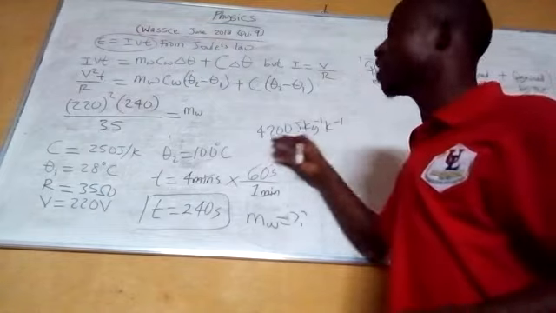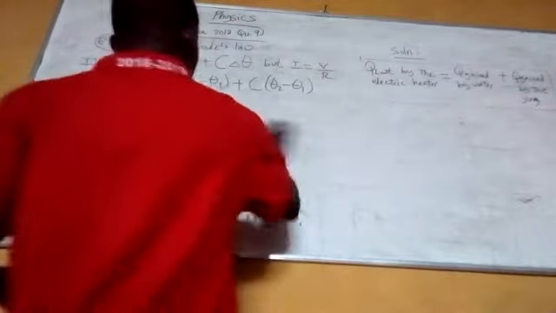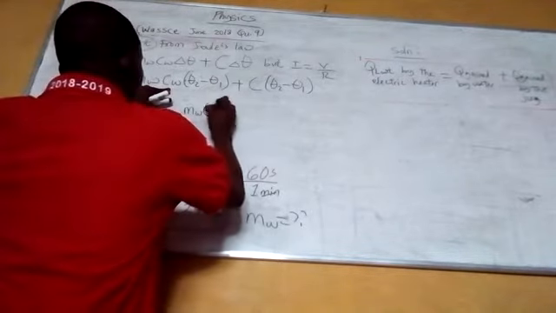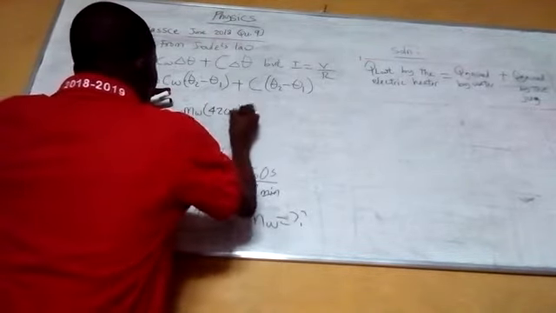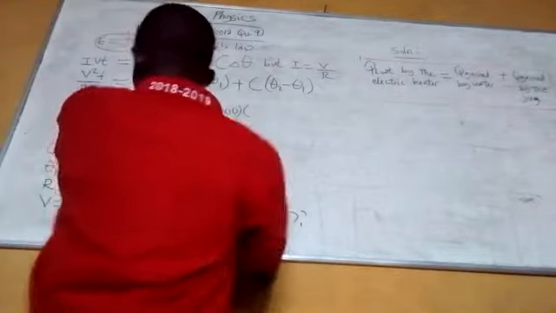So this is what the specific heat capacity of water means. So we substitute the value for Cw, 4,200, times theta 2 given as 100.